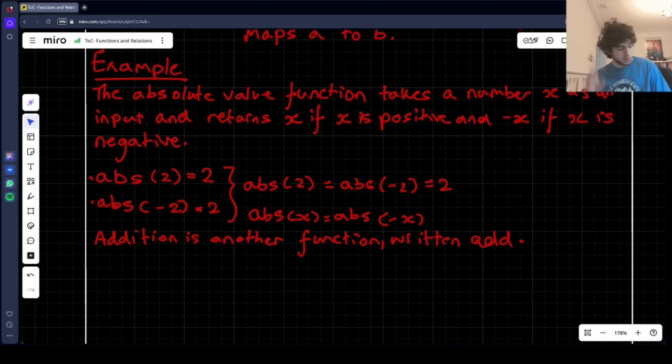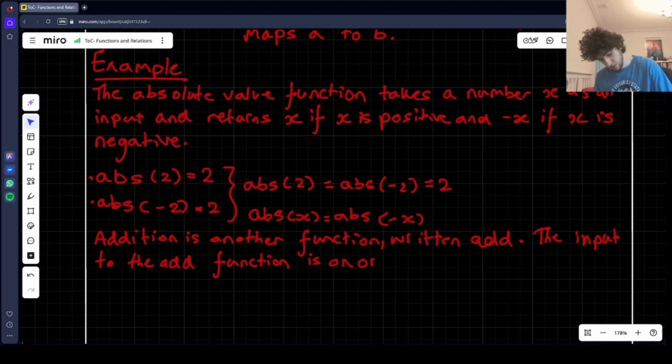So the input to the add function is an ordered pair of numbers, and the output is just going to be the sum of those numbers.